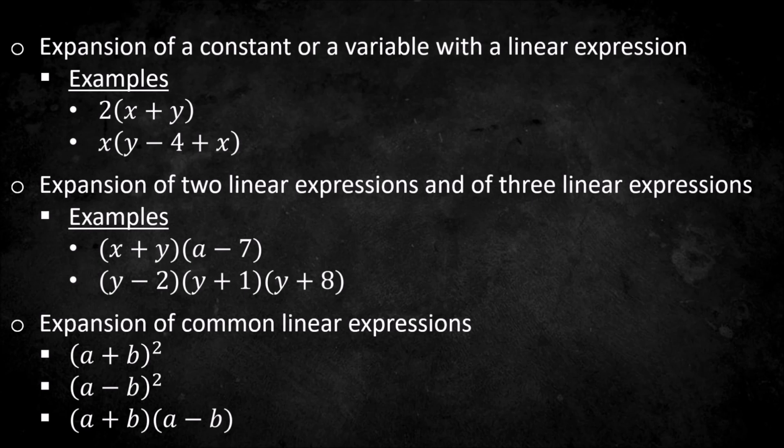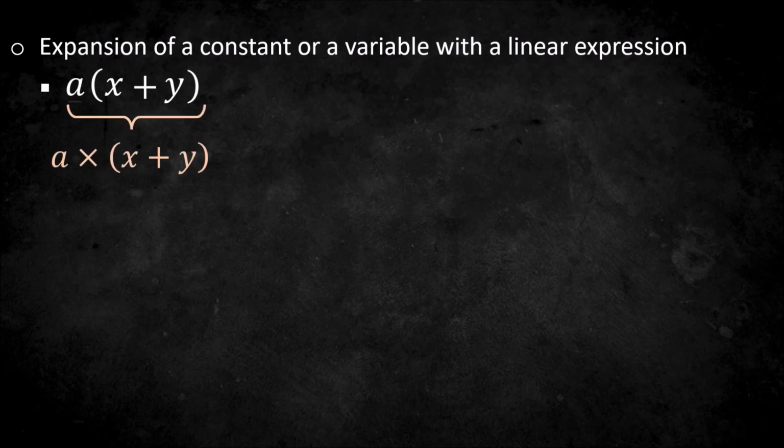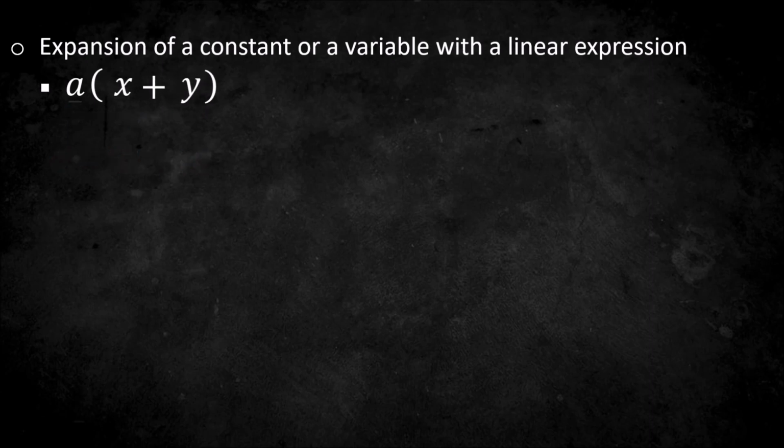We start with the expansion of a constant or a variable with a linear expression. To expand, multiply the variable or constant with every single term in the linear expression.